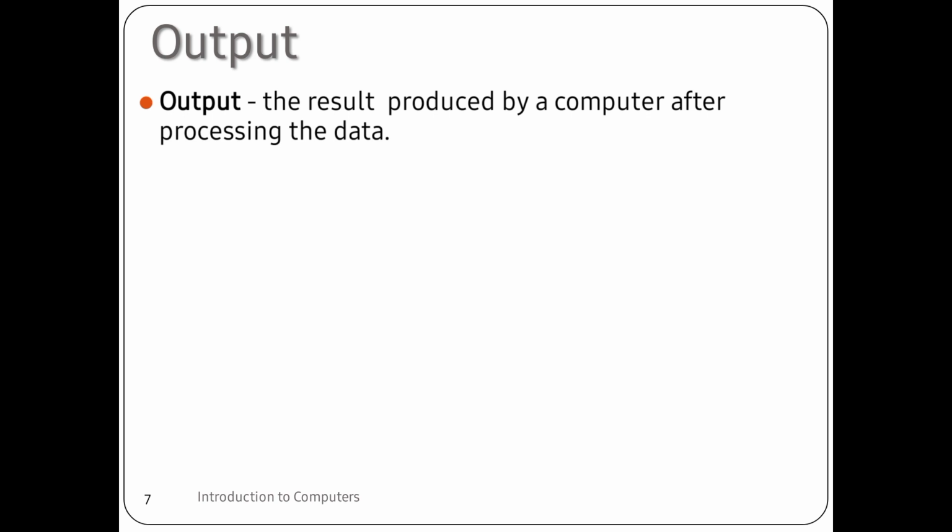You'll be able to see it as information because it is already processed data, and already processed data is what we call information. Now the information can be printed out as a hard copy output, but it can be displayed on the screen as a soft copy output.